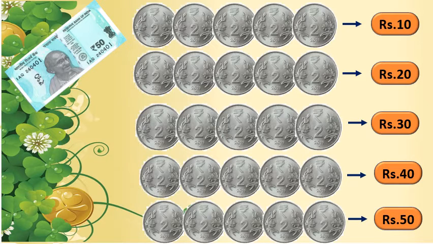Means how many 2 rupees coins did I get? Yes, we will count. This is 5 plus 5, that is 10, plus 5, 15, plus 5, 20, plus 5, 25. Means total 25 coins of 2 rupees each is exchanged for a 50 rupees note. Isn't it? Good.